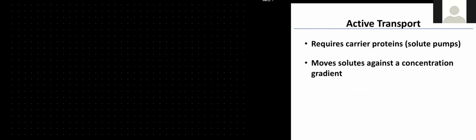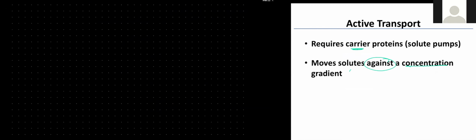The active membrane transport requires the presence of a carrier protein. And this will allow the movement of the solutes against the concentration gradient.